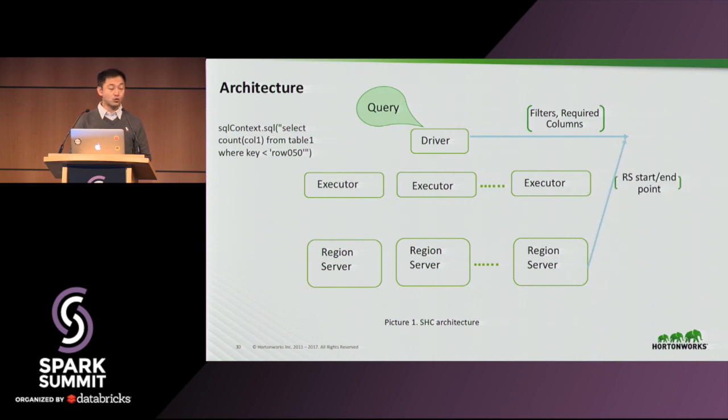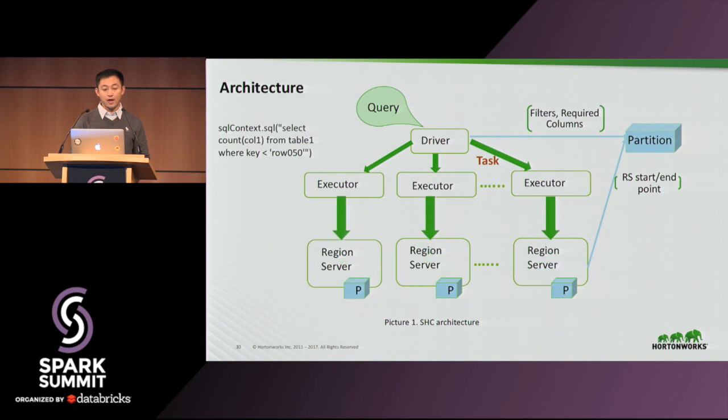Then the executor can get data from the corresponding region servers. For example, you get the start and end points from region servers. You can prune some partitions as well. We start a task in each executor, and the executor gets data from region servers, right? And we provide scans and bulk gets. It means that we can group multiple gets together to get data from HBase more efficiently.